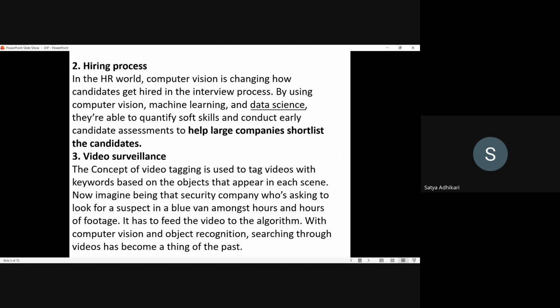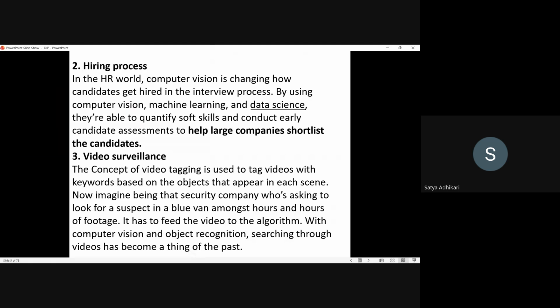Video surveillance. The concept of video tagging is used to tag videos with keywords based on the objects that appear in each scene. Now, imagine a security company asked to look for a suspect in a blue van among hours and hours of footage. They had to feed the video to the algorithm. With computer vision and object recognition, searching through video has become a thing of the past.